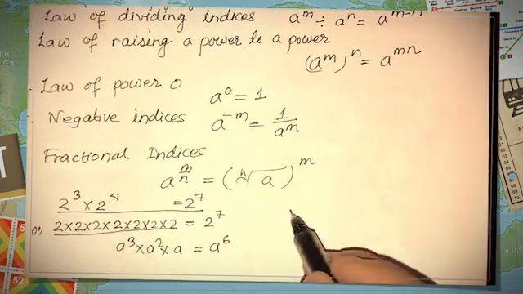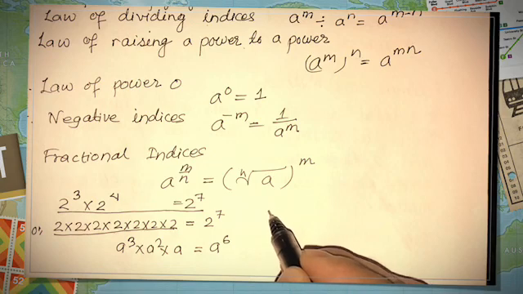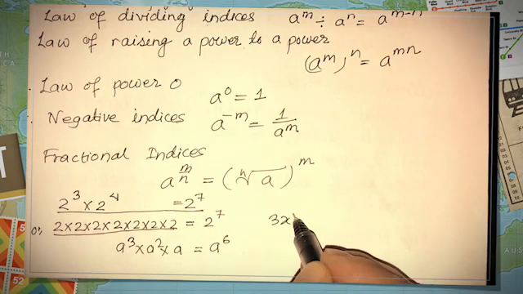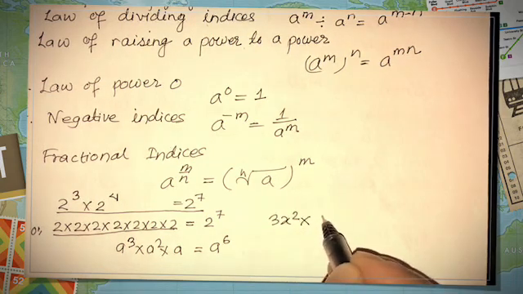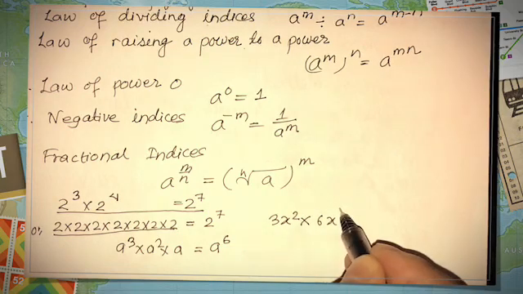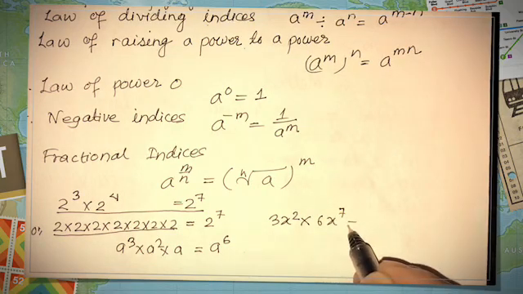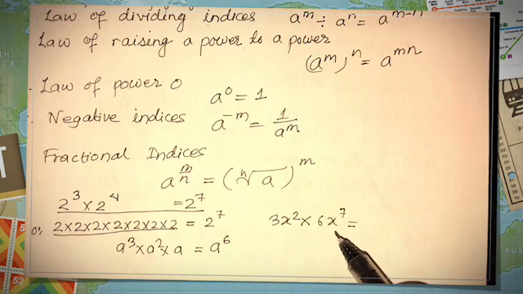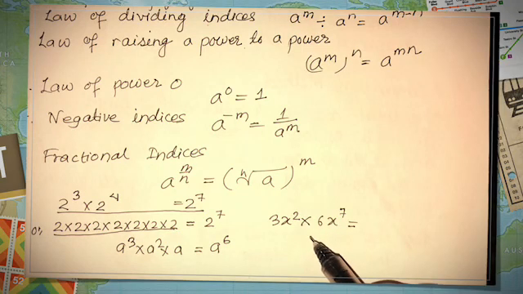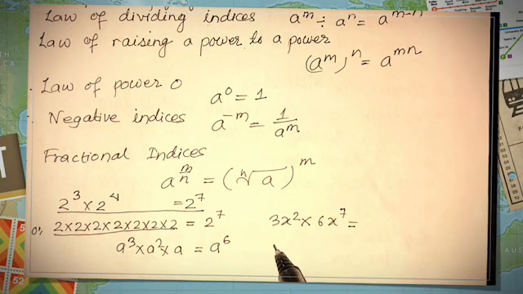And let's solve one example. 3x squared multiplied by 6x to the power 7. Here we treat the numbers and the indices differently.